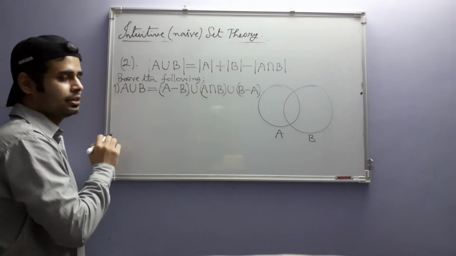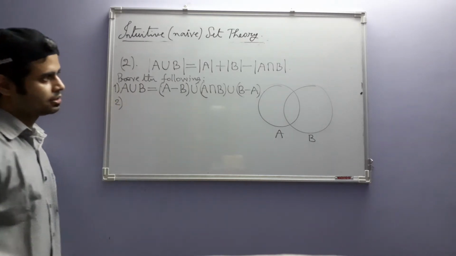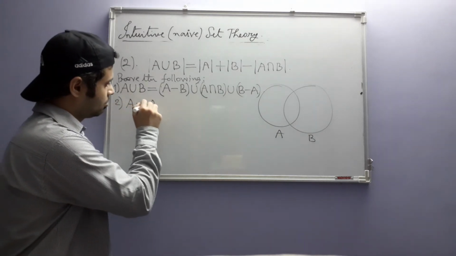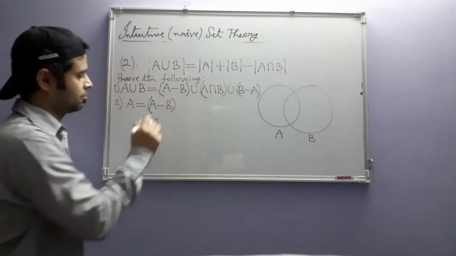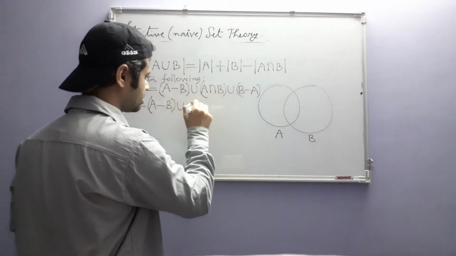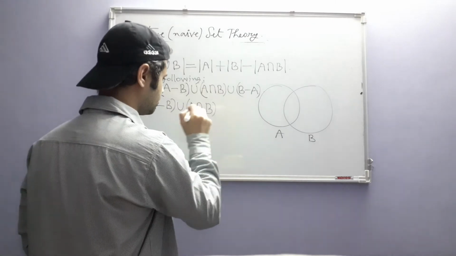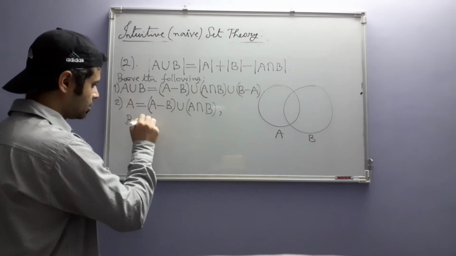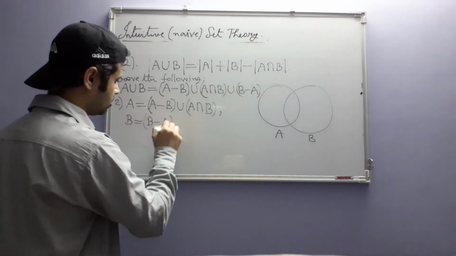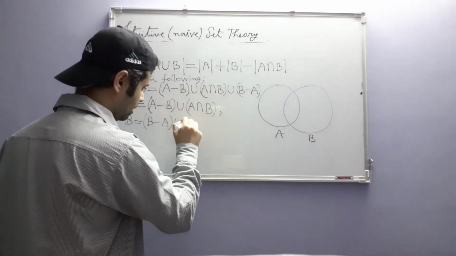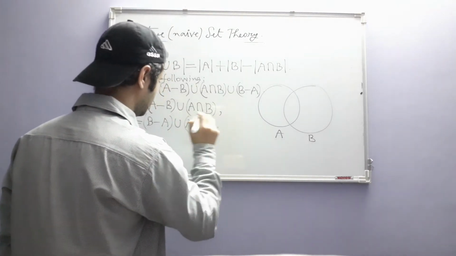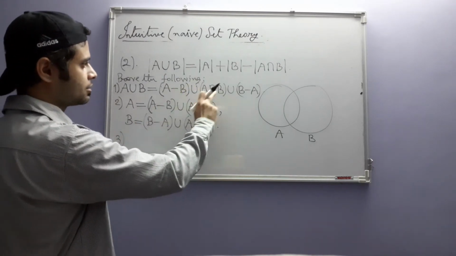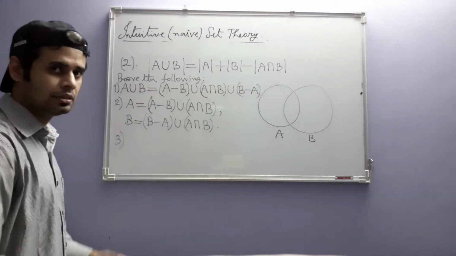This is one identity. The second one is A is equal to (A minus B) union (A intersection B). Similarly, B is equal to (B minus A) union (A intersection B). And the third is, these three sets are disjoint.